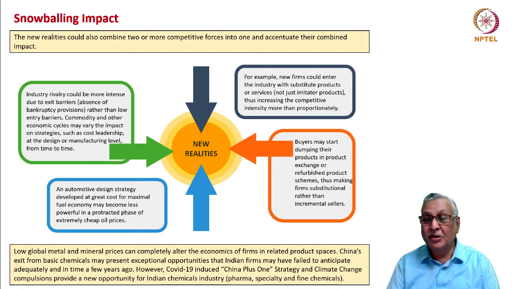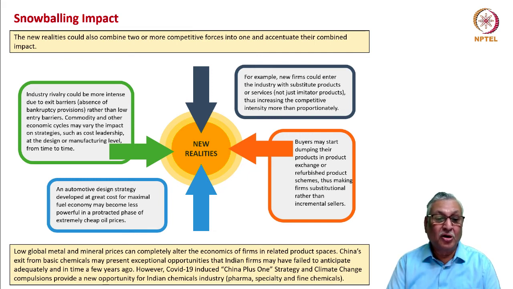Buyers may start dumping their products in product exchange or refurbished product schemes, thus making firms substitutional rather than incremental sellers. That is, the trade-in scheme as a concept undergoes significant leg up. Therefore, incremental demand is less and replacement demand is more. That also impacts industry structure.